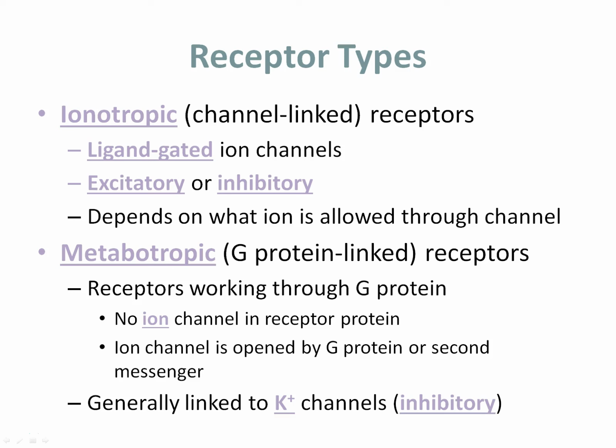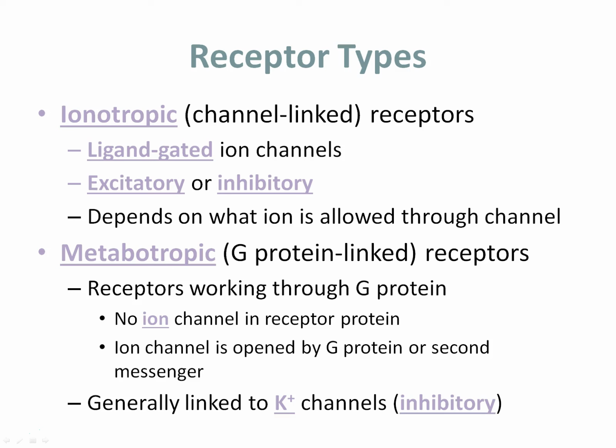At the neuromuscular junction, we saw excitatory ionotropic ligand-gated ion channels. So we also can have inhibitory ionotropic receptors that will let chloride or potassium through that channel, and that will cause hyperpolarization of the postsynaptic cell.